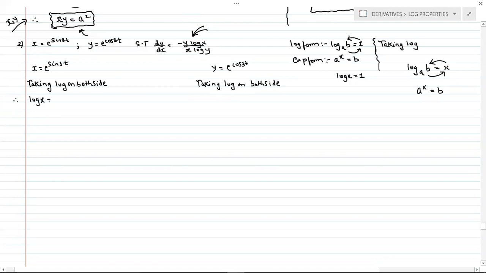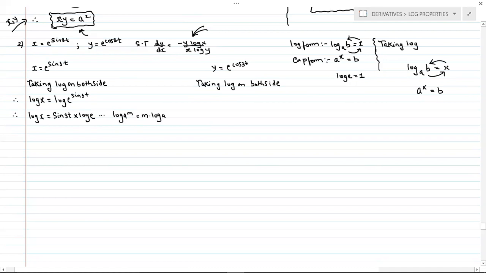So log x equals log e raised to sine 3t. Therefore log x equals, so this sine 3t will come down into log e by using the property log a raised to m, m will come down.